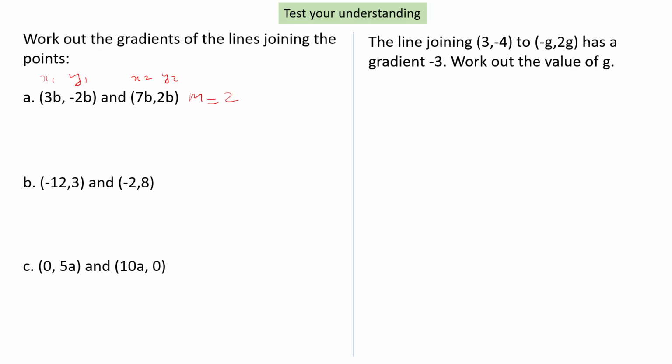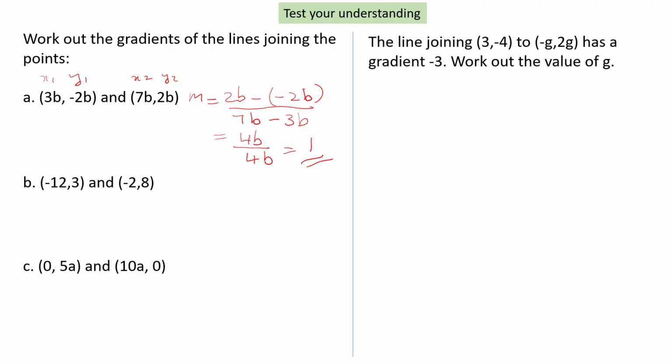So y2 is 2b minus y1, which is minus 2b, so I'm going to put a bracket on 2b, divided by x2, 7b, minus x1, 3b. So 2b minus 2b, which is plus 2b, so 4b divided by 7b minus 3b, 4b. So this is 1.